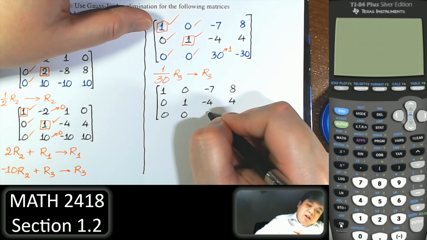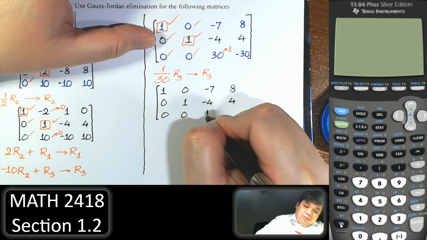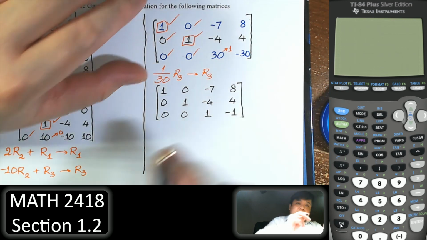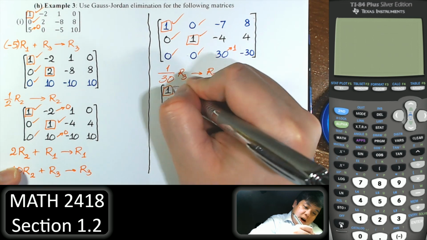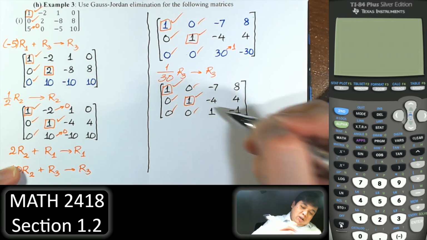Divide by 30, that would be easy. 1, negative 1. Right, let's check. Pivot 1, everything else on that column 0, good.